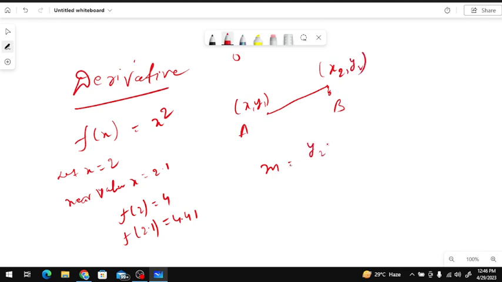We write y2 minus y1, divided by x2 minus x1. Since we are assuming x equal to 2, x1 is 2 and y1 is 4. Similarly, x2 is 2.1, so y2 is 4.41.